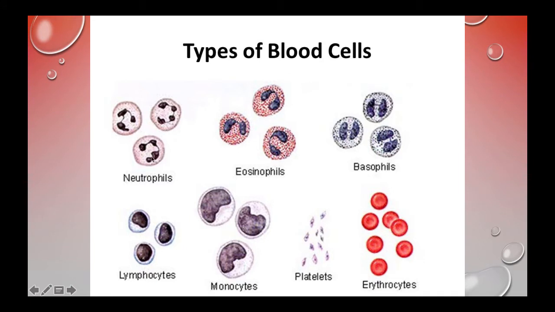Also, they have cytoplasmic granules, which make them look grainy on a stained slide, and they stain light purple. These cells are primarily phagocytic, and they are primarily protecting us against bacterial infections.